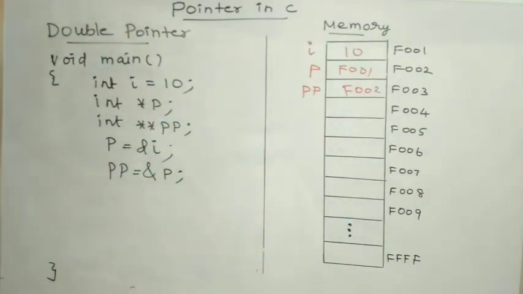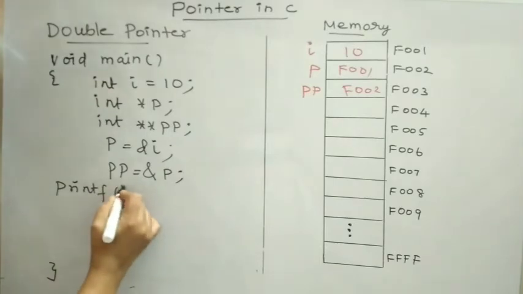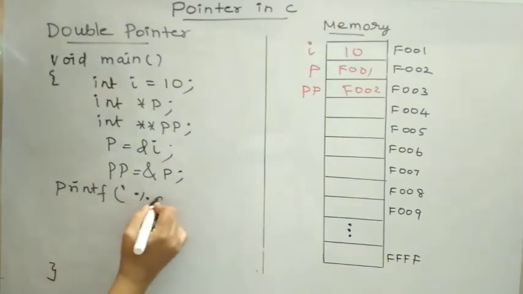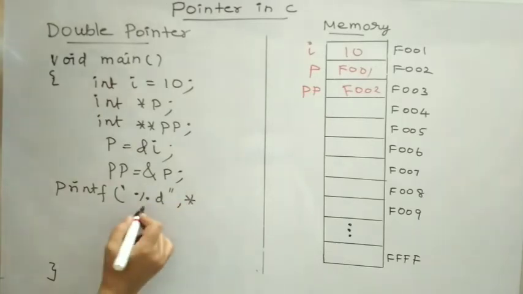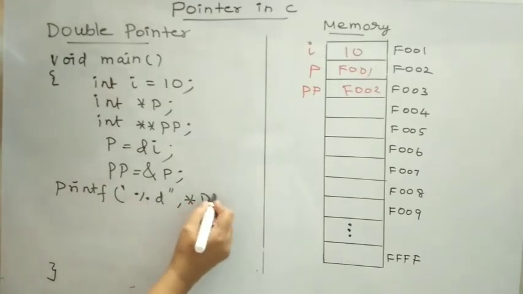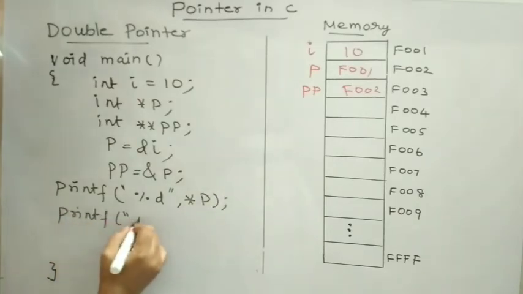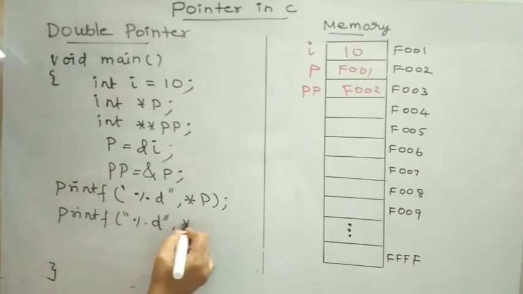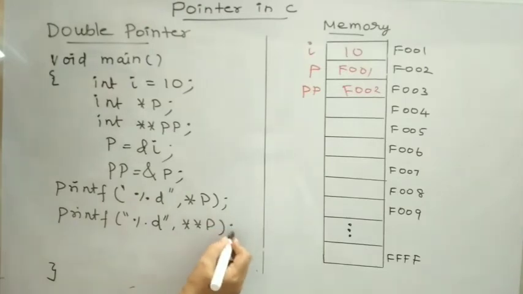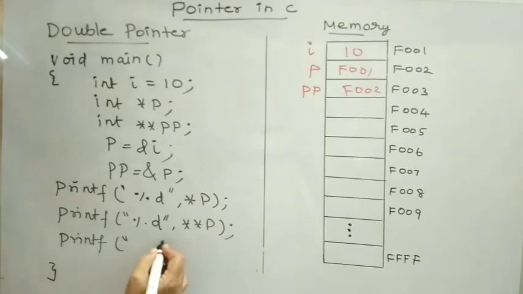So I am going to write 3 printf statements. printf %d, and this indirection operator is going to get the integer content, so the control string is %d. Then printf %d *p, and then the third printf.